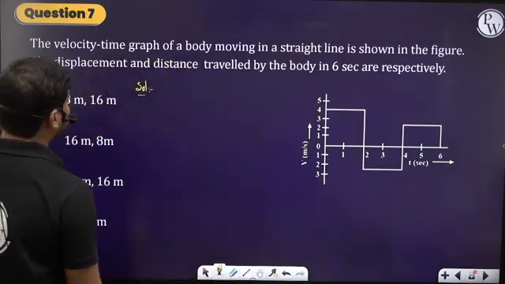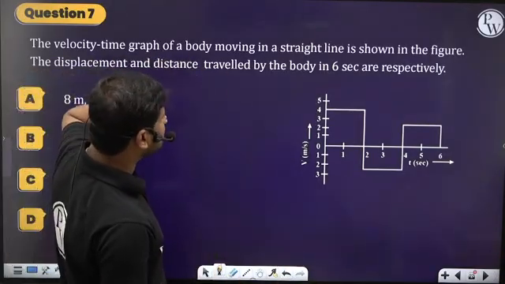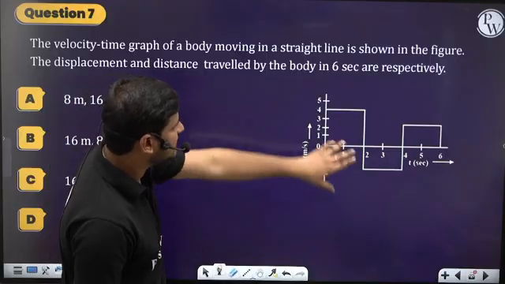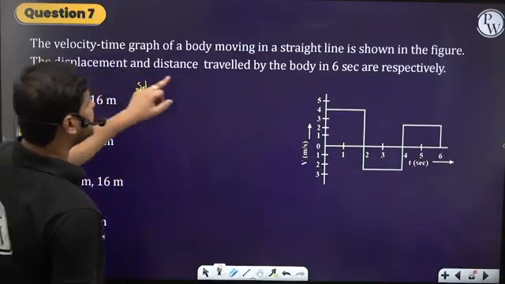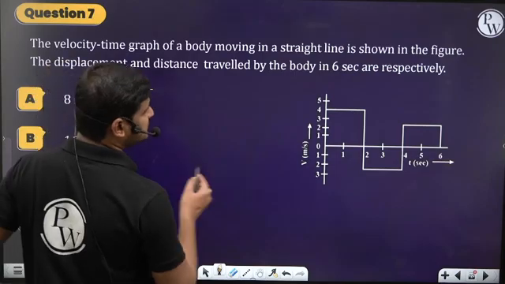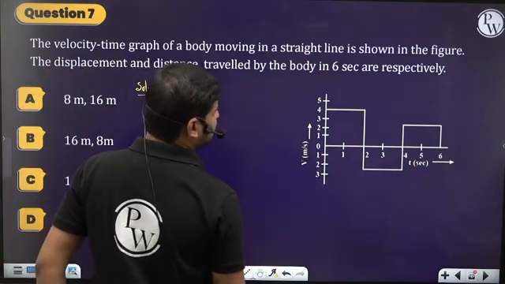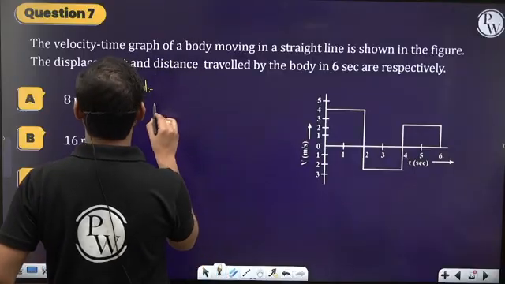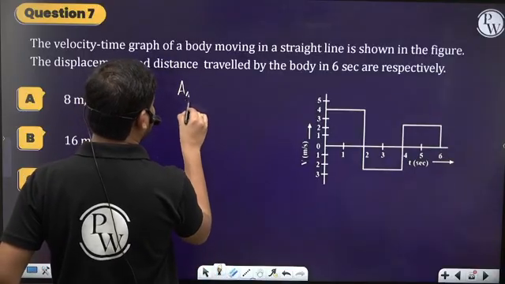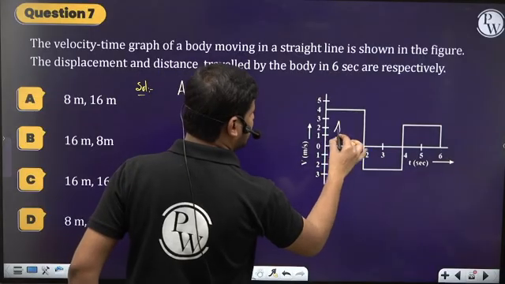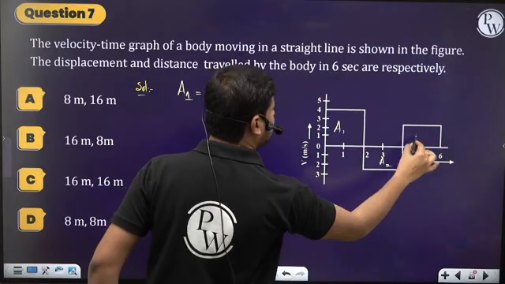Try along with me. The velocity-time graph of a body moving in a straight line is shown in the figure. The displacement and distance traveled by the body in 6 seconds, from here to here. Okay, chalo. First, let it be area 1, area 2, area 3.